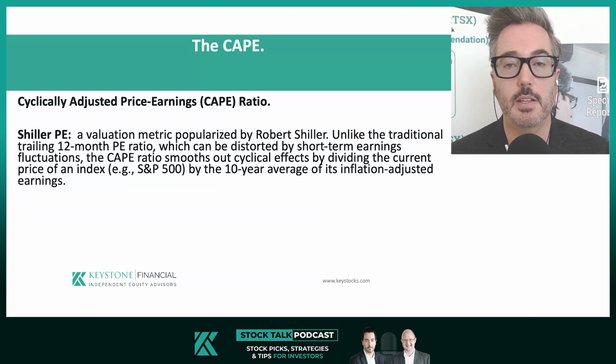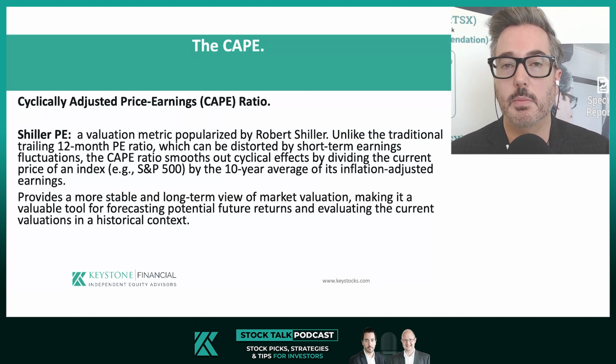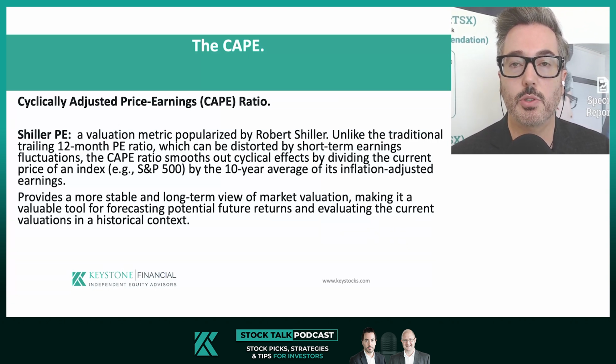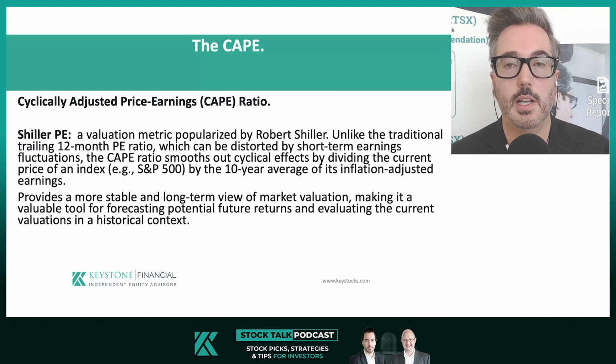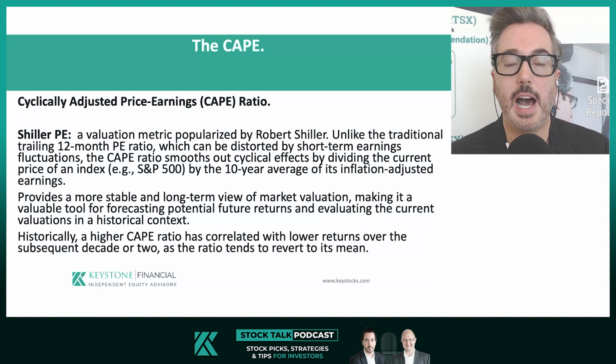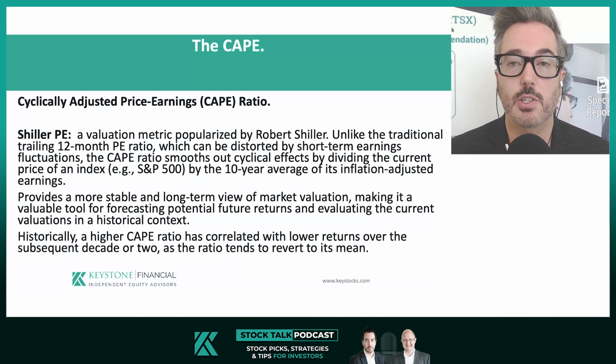This provides a more stable, long-term view of market valuations, making it a valuable tool for forecasting potential future returns and evaluating current valuation in a historical context. Historically, a higher CAPE ratio has correlated with lower returns over the subsequent decade or two, as the ratio tends to revert to its mean.